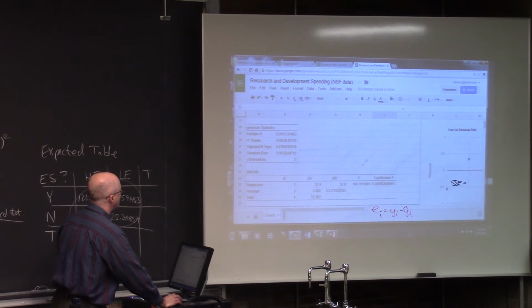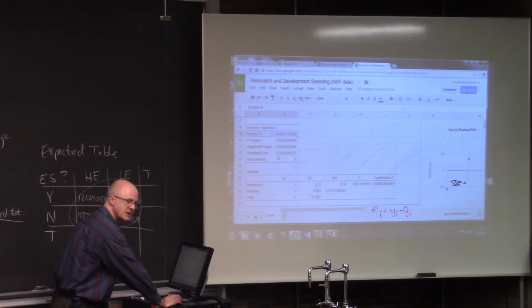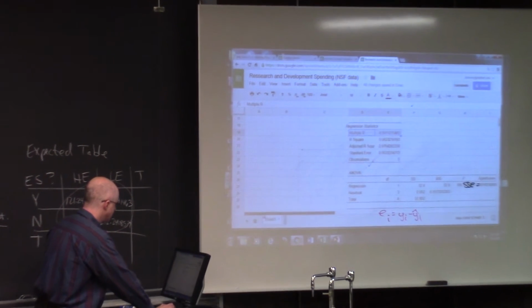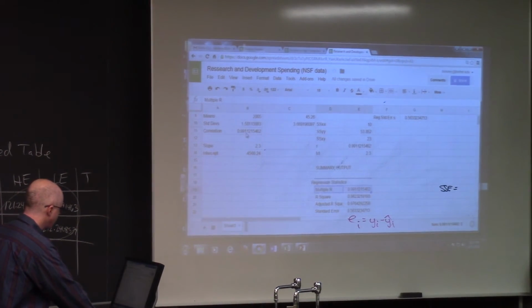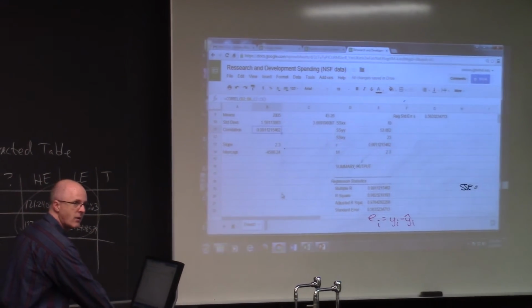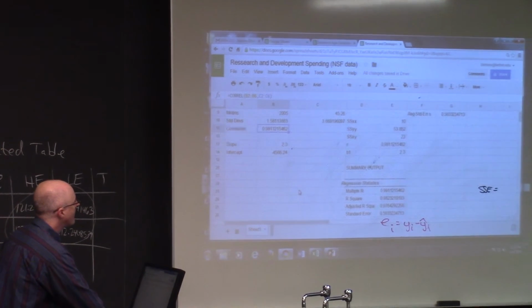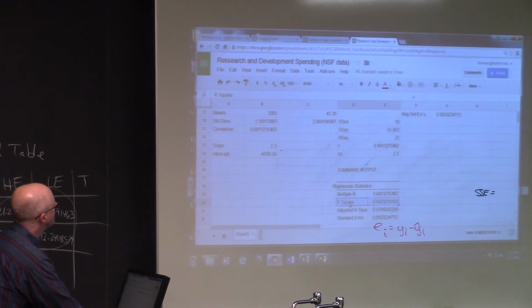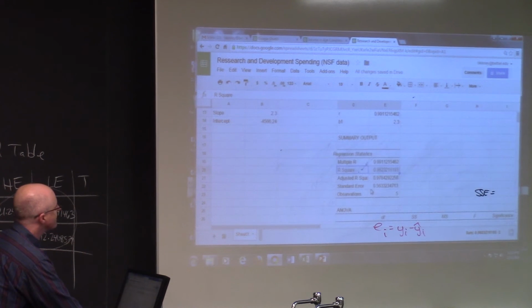So far, what have we done? We know this is the correlation, this thing called multiple R, that's the correlation. 0.9911, I mentioned that last week. That does match the correlation right there, 0.9911. There's the square of the correlation. I guess I didn't put that up there. Don't worry about this adjusted R squared.